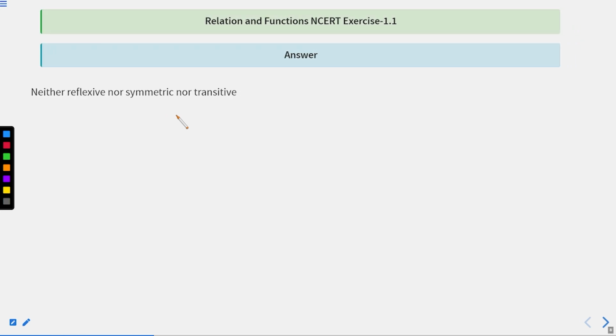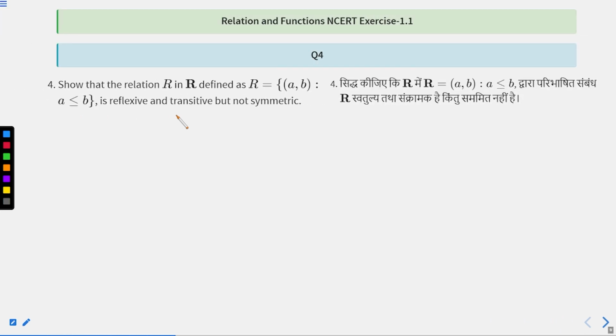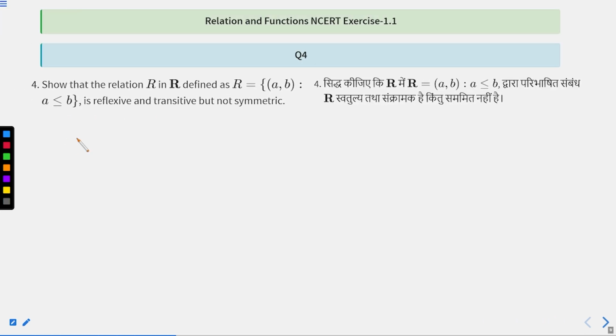Let's move to the next, the fourth one. Show that the relation R in the set of reals is defined as the set of A comma B such that A is less than or equal to B. So is it reflexive?